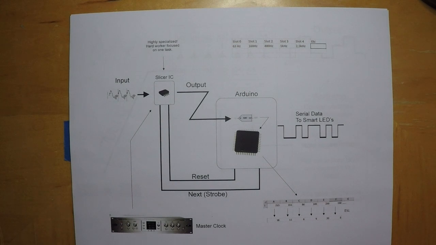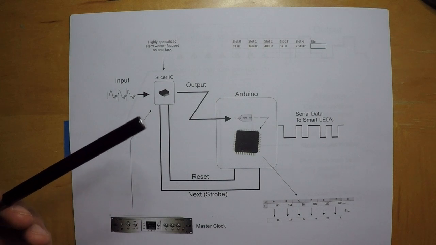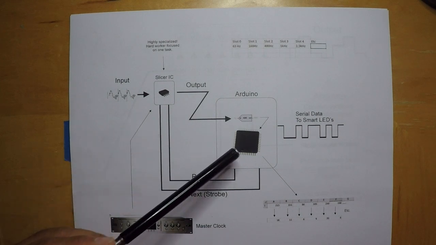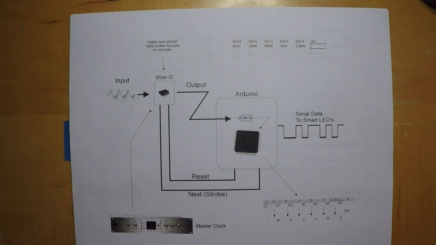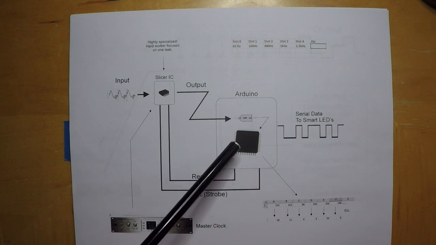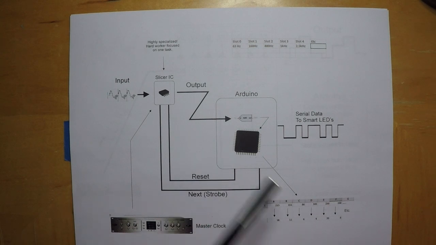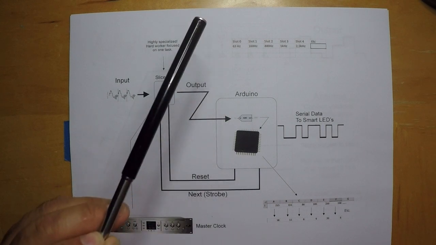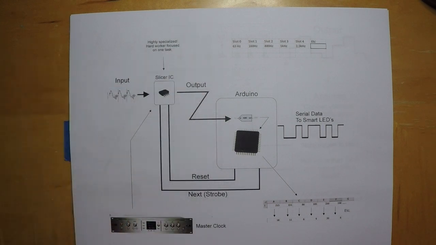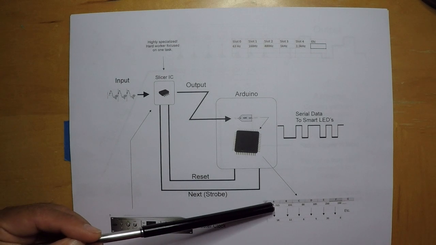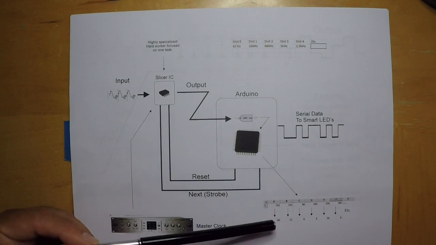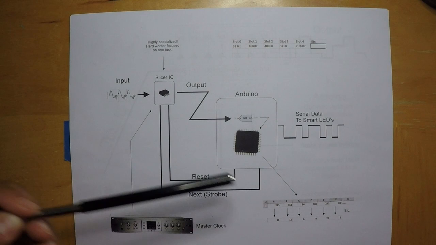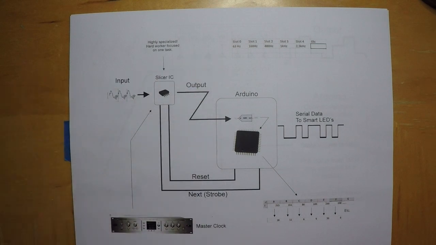You can have columns that are 5 LEDs high. You can have a column that's 25 LEDs high. You're only limited by the amount of RAM that the Arduino has. So once the Arduino knows that it's working with a certain number of LEDs in terms of height for each column, it will map this binary number to an equivalent height on each column.